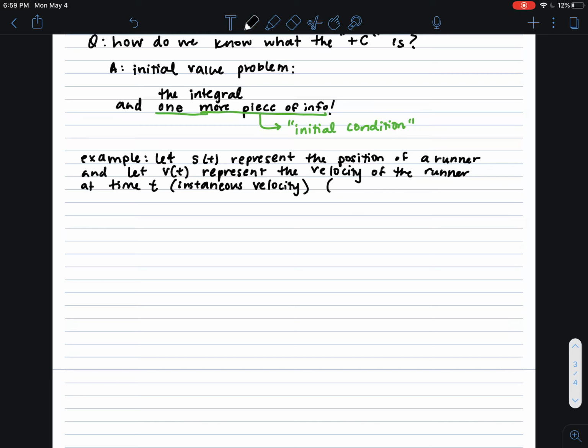And if we remember, instantaneous velocity is just the derivative of the position. So what this is saying here is that S prime of t is equal to V of t. The derivative of the position is equal to the velocity.